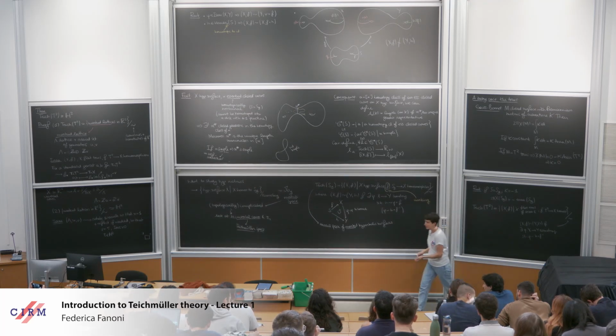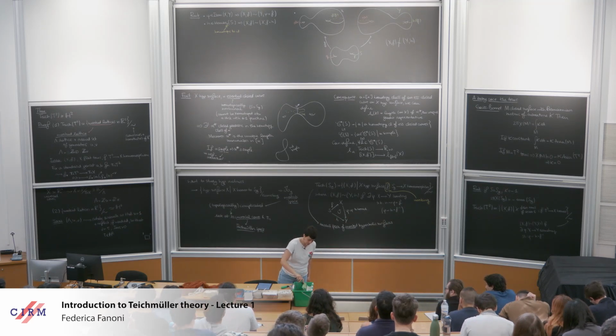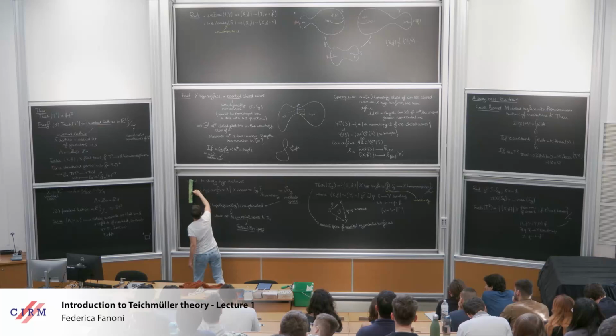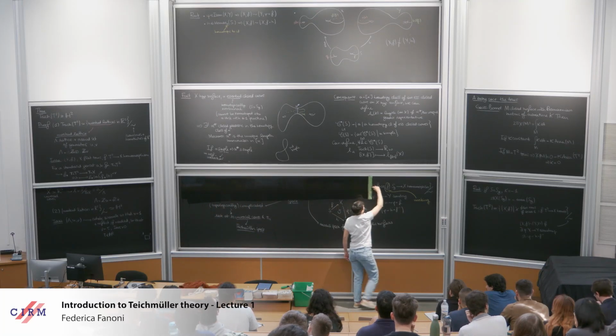But we'll need this later on. I'll do it a bit later on, but the fact that we can do something like that will allow us to give global coordinates for Teichmüller space, which is not something that we can do on moduli space.